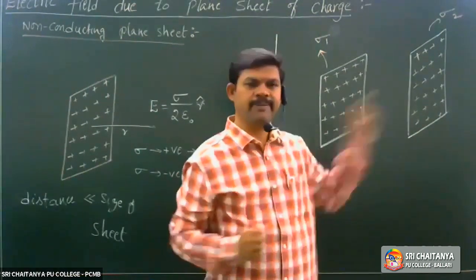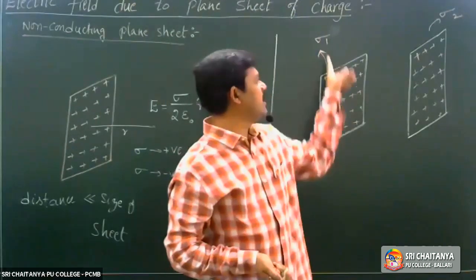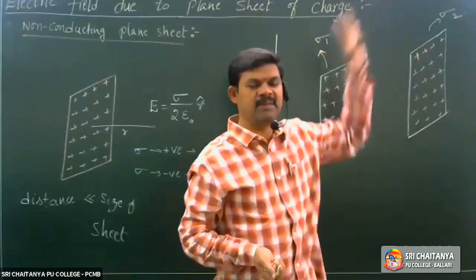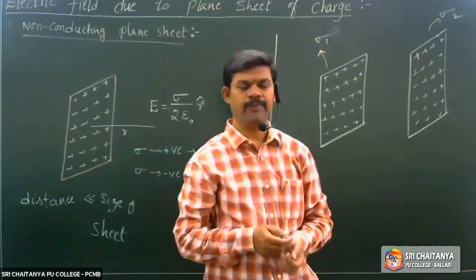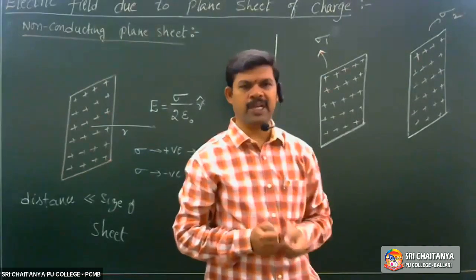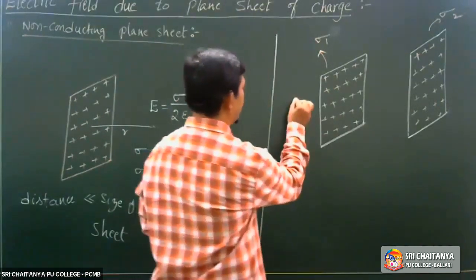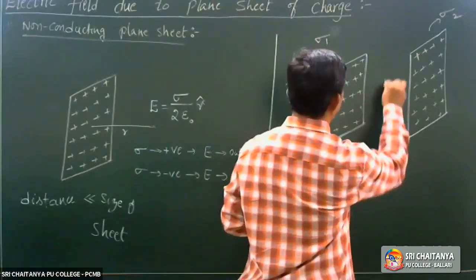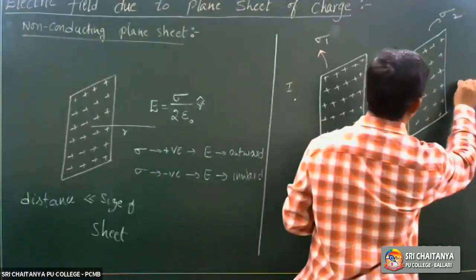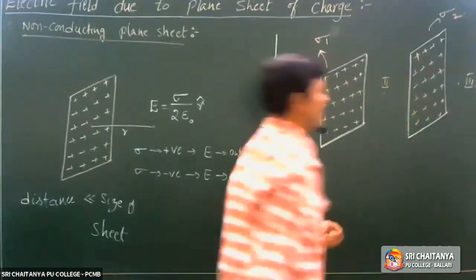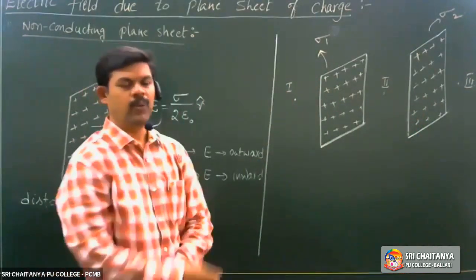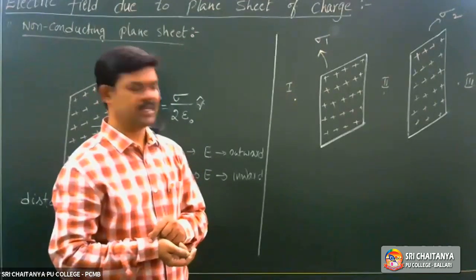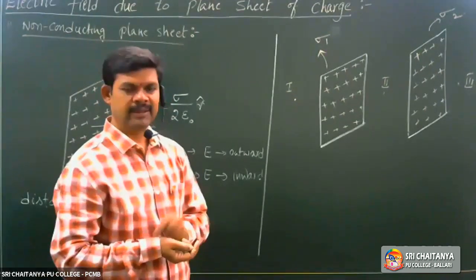As shown in the figure. Charge density on this plate is sigma 1. Charge density on this plate is sigma 2. The question asked is, if you take 3 points, this is point 1, let this be point 2, and this is point 3. At these 3 points, what is the net electric field? This is the question.